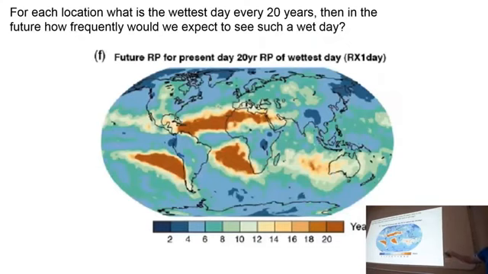In these regions, we're looking at a 20-year return period, so the wettest day every 20 years. But in the future, how often will that degree of wetness happen? It'll happen in these yellow regions every 6 years. So we've increased by a factor of 3.5 or so how likely it is that we're going to have extreme flooding in the UK, whereas in some of the drier Sahara-type regions, it's going to be either the same or drier.